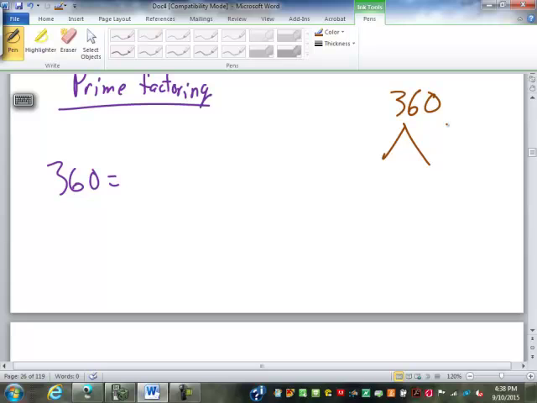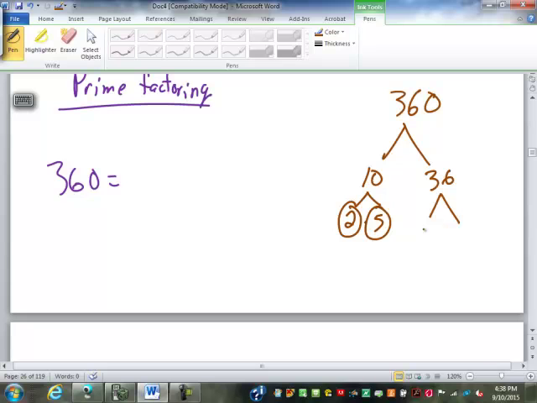Now remember, I said that when I look at dividing numbers, I look at 10, 5, 2, and then 3. Can this be divided by 10? Yes, it can. If I divide it by 10, what's left over? 36. That's the second reason why I look for 10 first, because it's really easy to divide by 10. You just take the 0 off. Now, the 10 can be split up into what? 2 times 5 or 5 times 2. Both of those are prime. They cannot be split anymore.